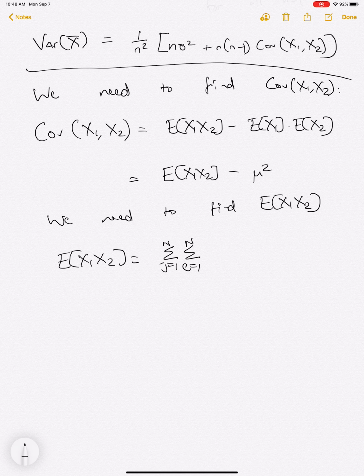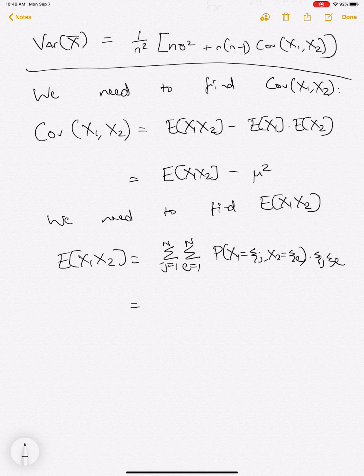The X1 and X2 can take on big N different values. And so this is going to be the probability that X1 equals, and so on. This is the definition of the expectation of X1, X2: we're using the definition of the expectation of two random variables, so it's the joint distribution times those values, and then you sum them up over the different possibilities.